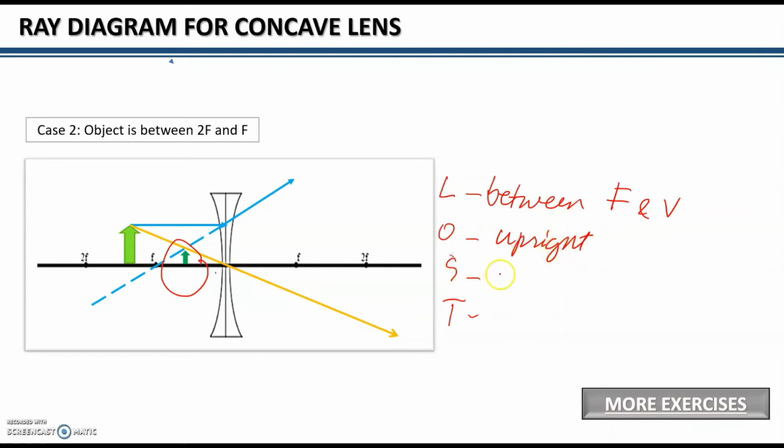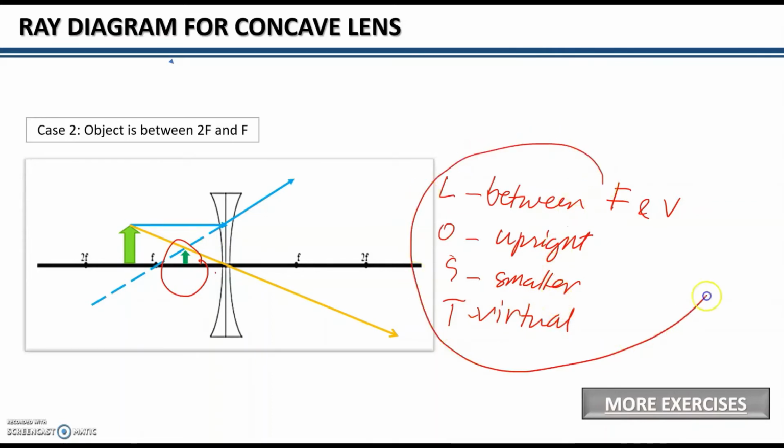Size of image, it is smaller or reduced. And then the type of image is, look at, we have extended light rays there. So this is a virtual image. So this is the description of the characteristics of the image formed by this concave lens.